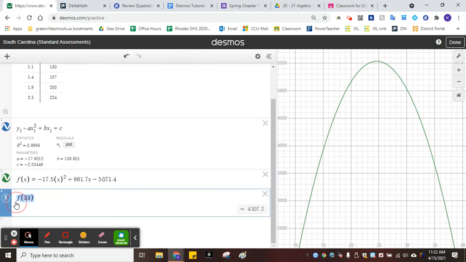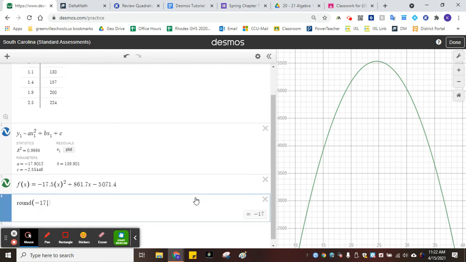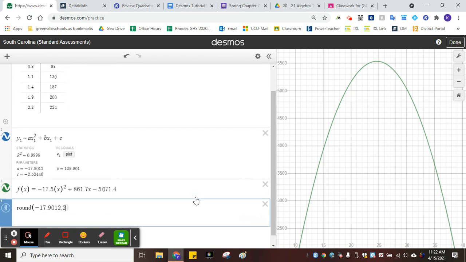So again, if you have trouble rounding, you can say round negative 17.9012 to the hundredth place, which is the second place, second decimal place. It does.